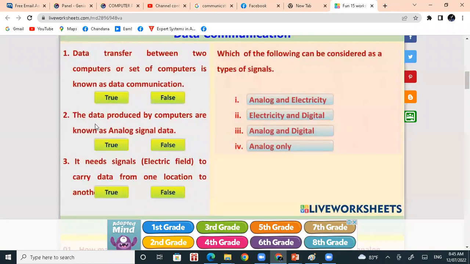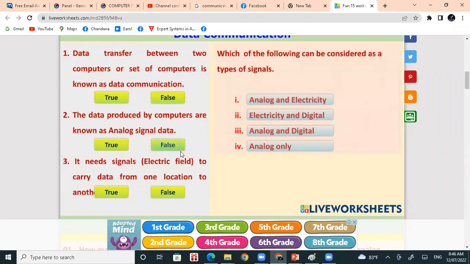Second one: the data produced by computers are known as analog signals. False, sir. Yes, one student says false. What about the others? Another says false.